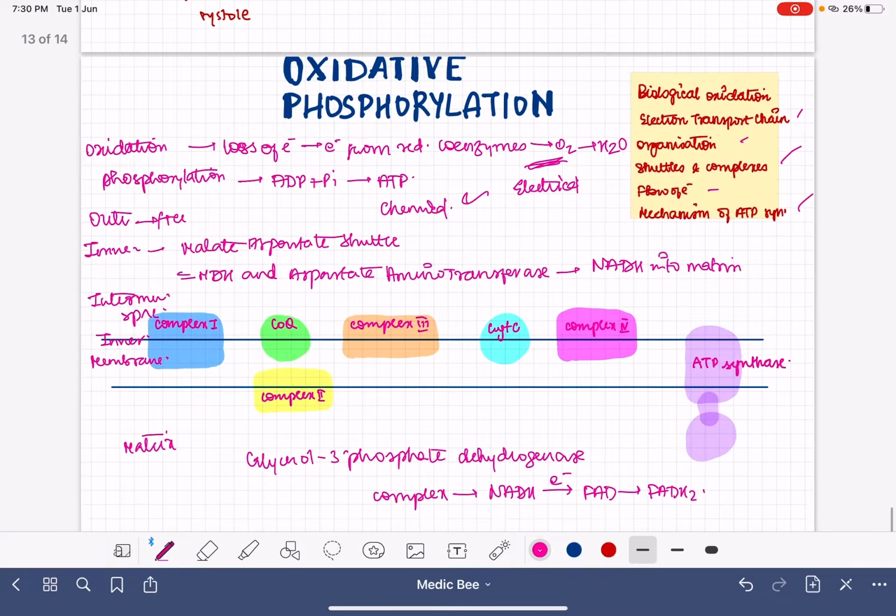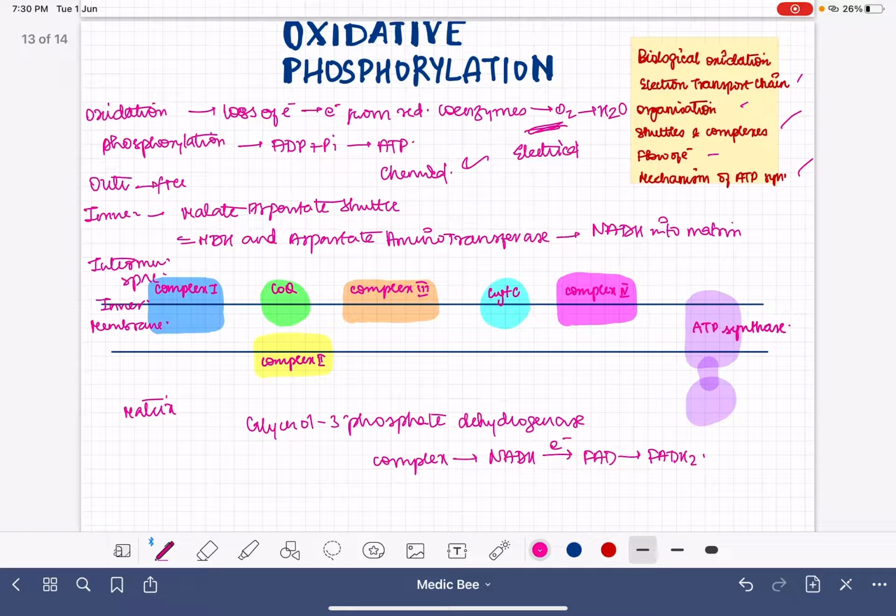After that, the organization. The electron transport chain is organized in such a way that it has 4 complexes, actually 5 complexes if you want to count them, and apart from that, 2 electron carriers.